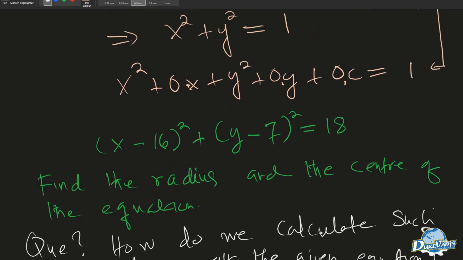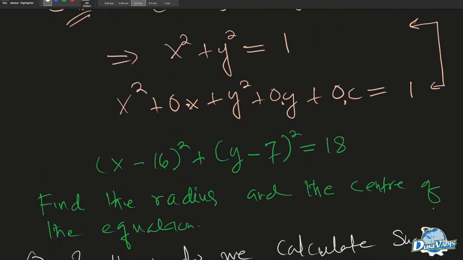With a given equation, okay, so there's a question that we've been given, and we've been asked to find the center, and also the radius of the equation.